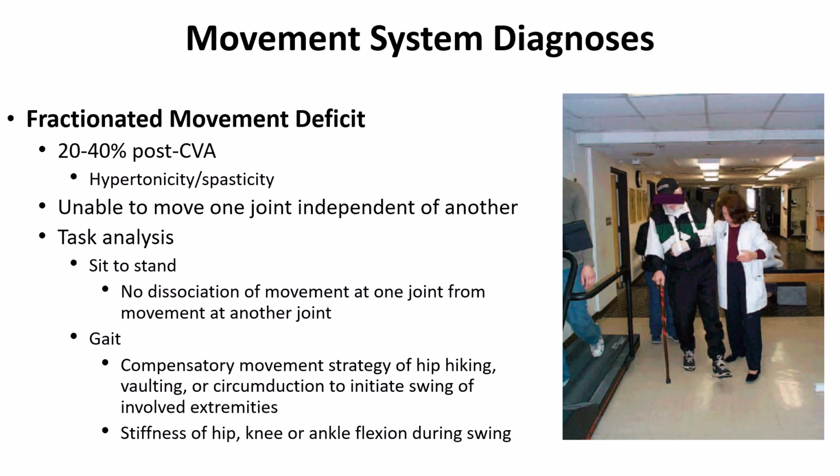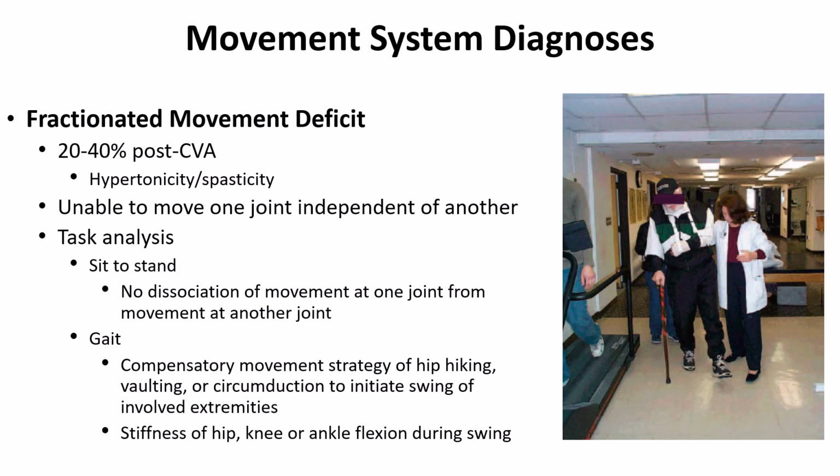We talked about the fractionated movement deficit being the fact that the person is unable to move one joint independent of another. Ways that you can see this is in a task analysis, particularly something like sit to stand. It's going to be difficult to dissociate the movement of one joint from the other, so the patient usually has their hypertonic lower extremity sticking out because they can't adequately bend it enough.